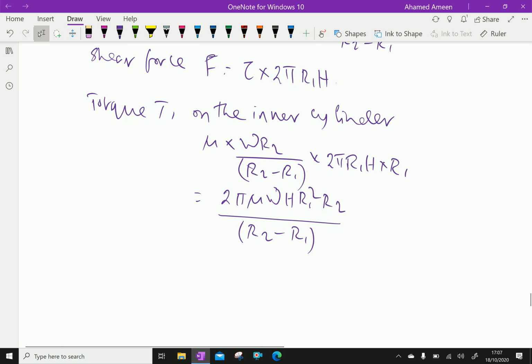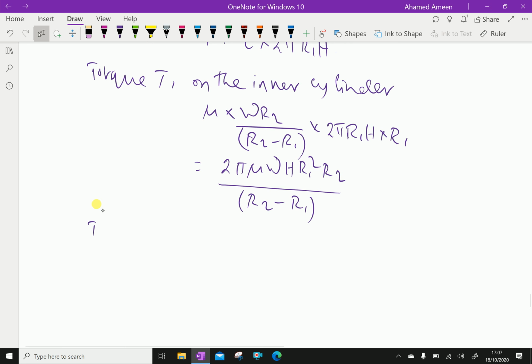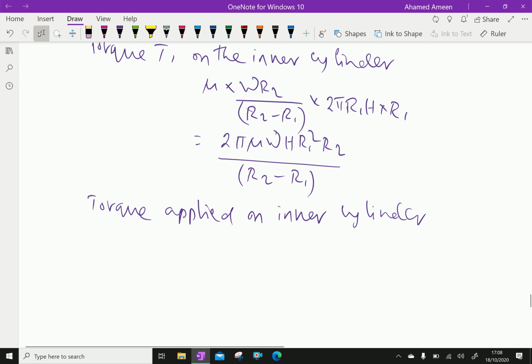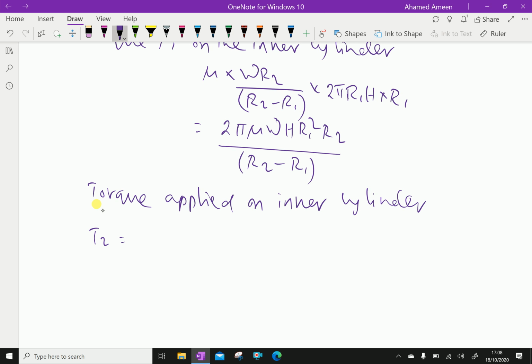Similarly, if the gap between the bottom of the cylinders is h, then the torque applied on the inner cylinder, T2, equals mu by 60 t, as we already proved, pi squared n r power 4.